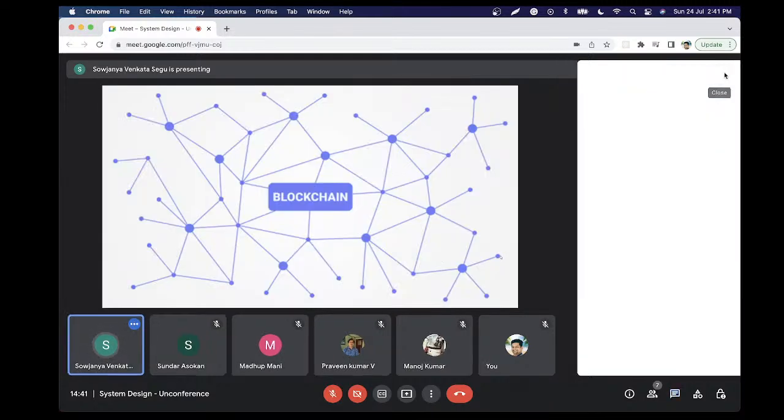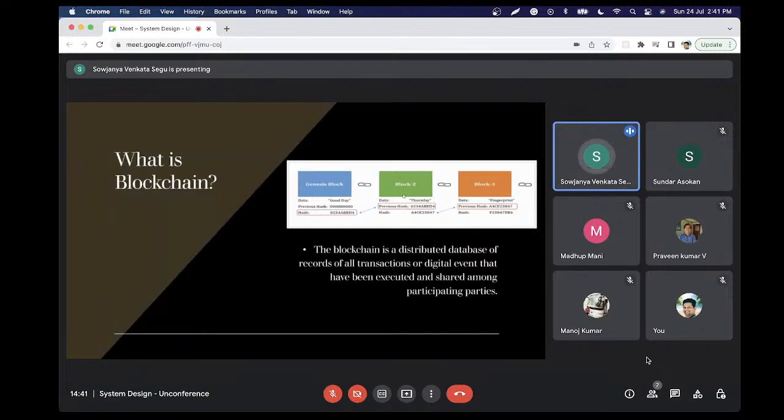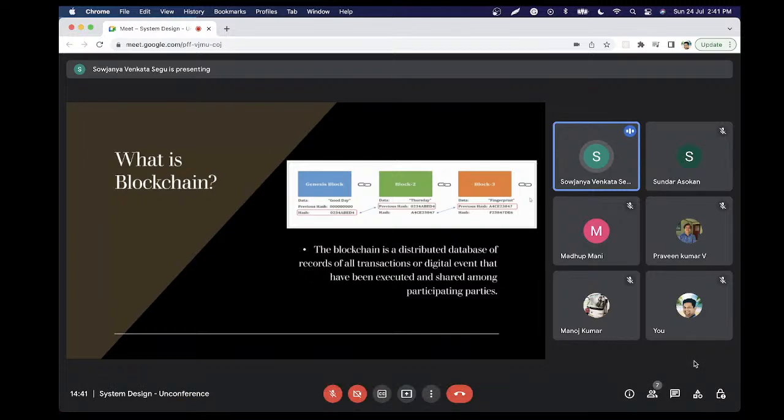If anyone attempts to modify any transaction in block 2, then they have to modify the hash, then the hash will change, and that hash has to be changed in the next block, and so on. And this has to be repeated over all the nodes in the network. Only then can somebody corrupt the system, which is why the blockchain is very secure.